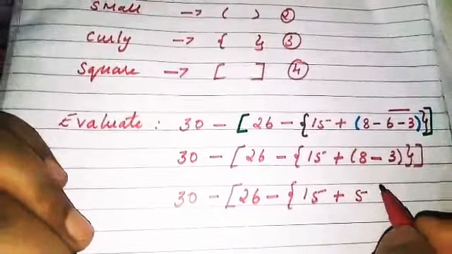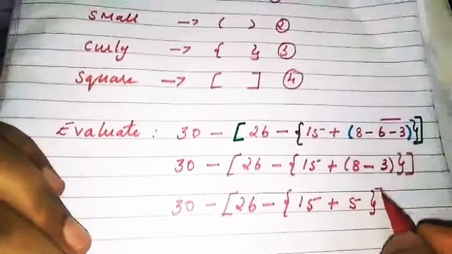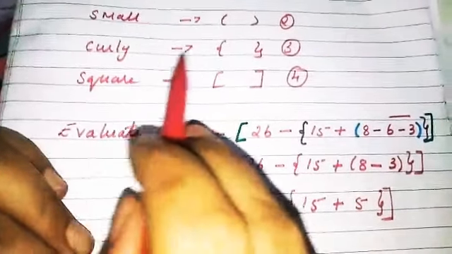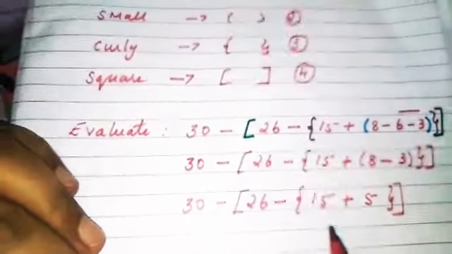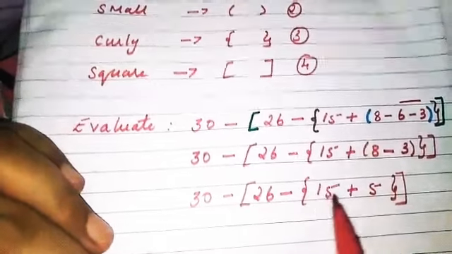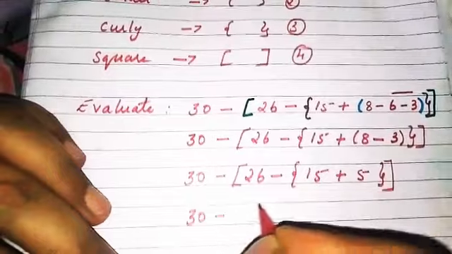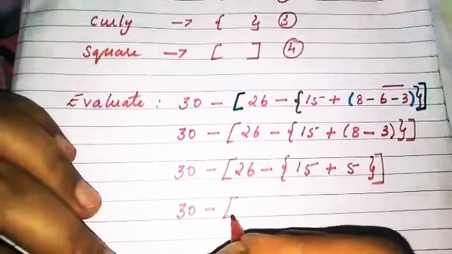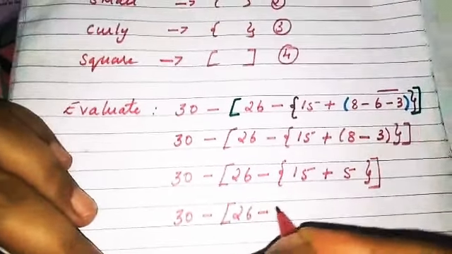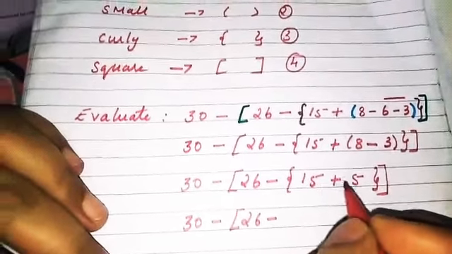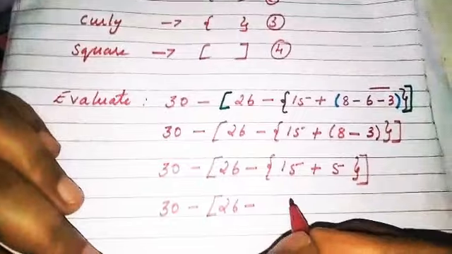The brackets that are left are only the curly bracket and the square bracket. Now the third in the order is the removal of the curly bracket. What falls under the curly bracket is 15 plus 5. Let's write down the rest of the numbers along with their signs as it is. Under the curly bracket we have 15 plus 5, so that's 20.